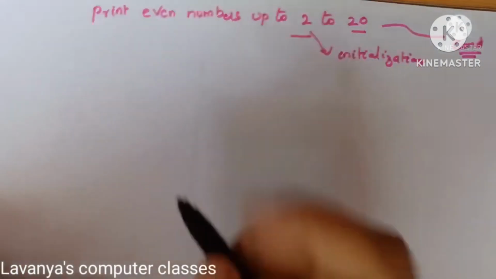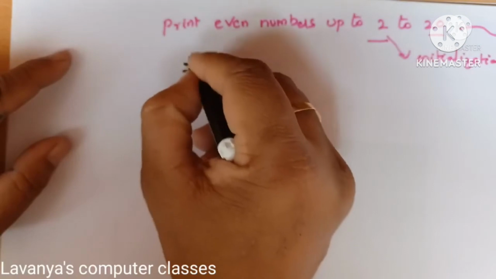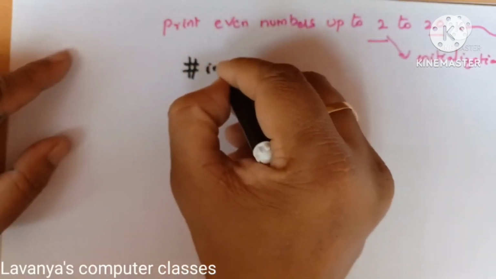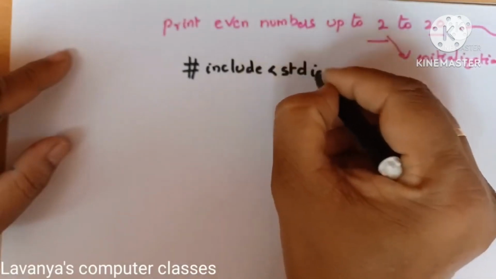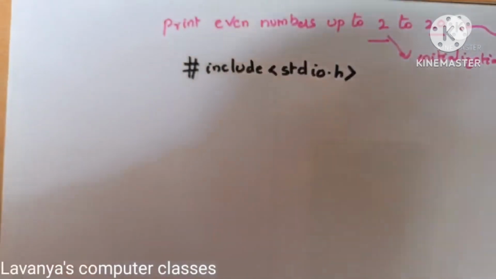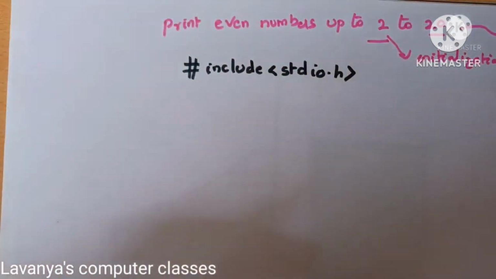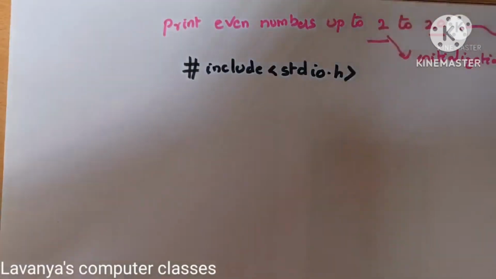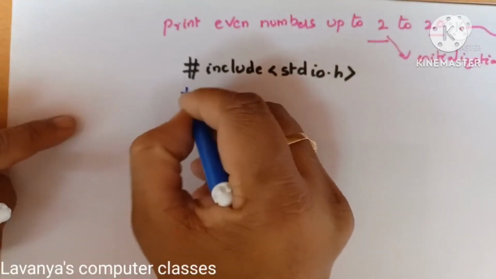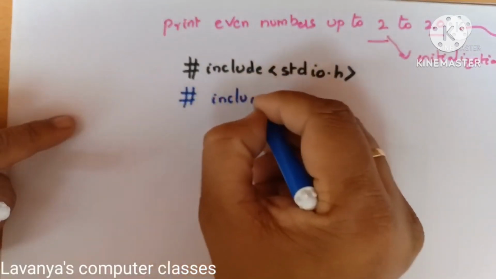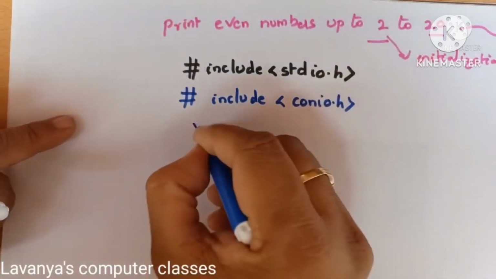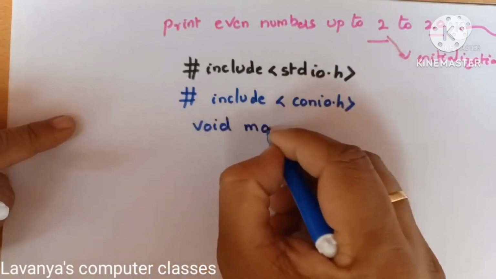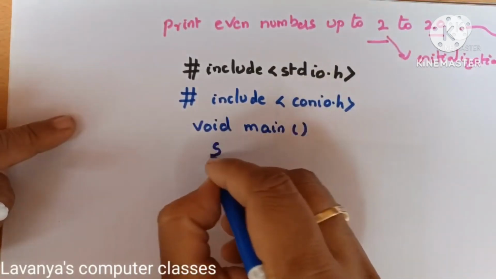Now start writing the program. Again, it is in C language. So #include stdio.h, #include conio.h, then void main. First include all header files, stdio.h, conio.h, then void main. Here also we need only one integer i.